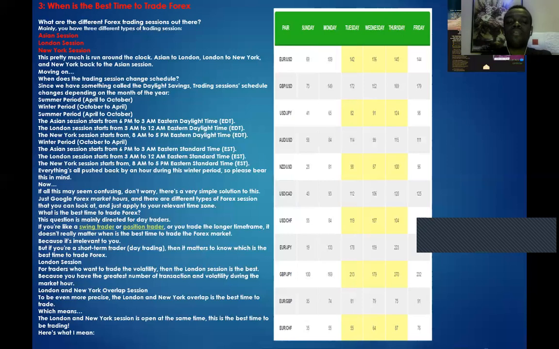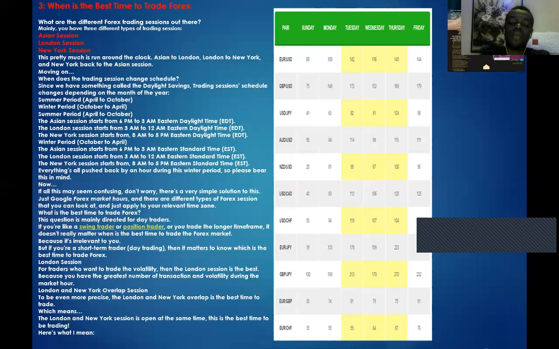Then for the best time, what is the best time for you to trade? I don't think the best time frame to trade is for people that are short time traders like scalpers or intraday traders. Now, before I go on, we have three types of traders.